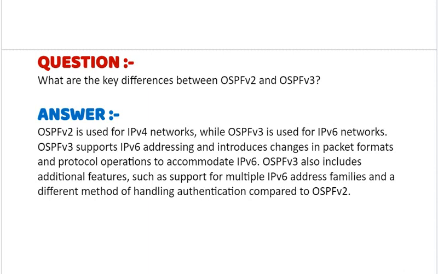OSPFv3 supports IPv6 addressing and introduces changes in packet formats and protocol operations to accommodate IPv6. OSPFv3 also includes additional features such as support for multiple IPv6 address families and a different method of handling authentication compared to OSPFv2.